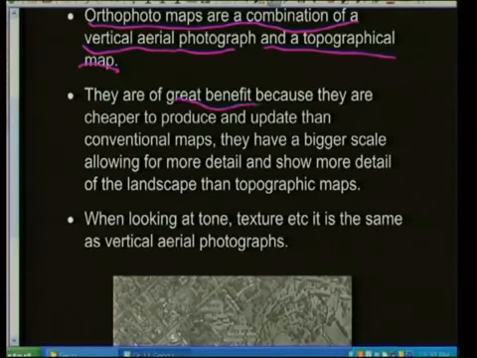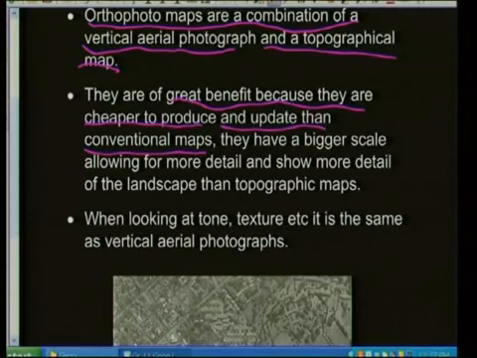Some important points: they are of great benefit because they are cheaper to produce and to update than your conventional maps. Remember, your conventional maps involve a lot of work. Here you take a photograph of an area and then you put in your contour lines and the names of roads, etc. So it's far cheaper and far quicker to update.